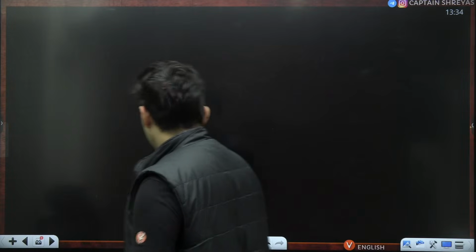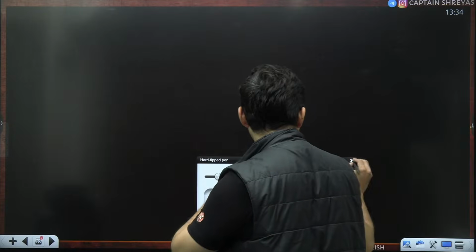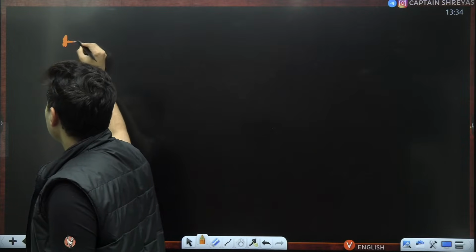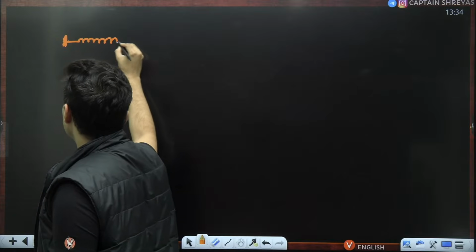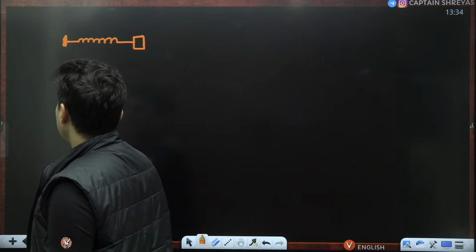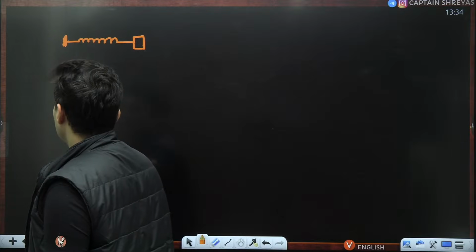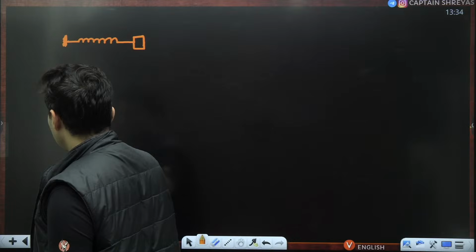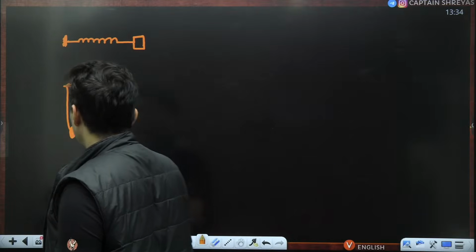All right, so see this. You take a spring like this and connect a mass, or let's say you have some elastic rubber band and you have attached some mass to it.